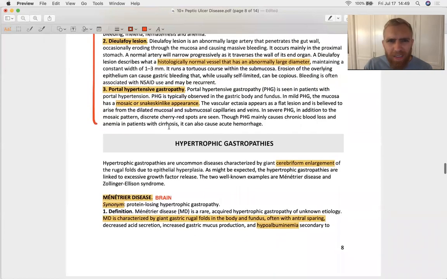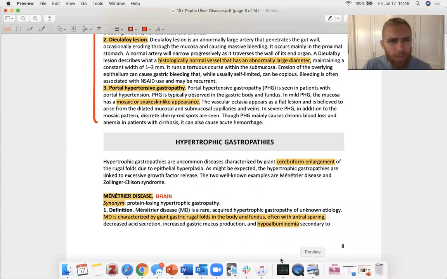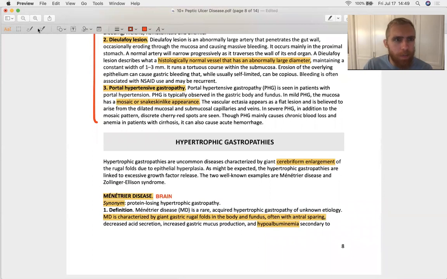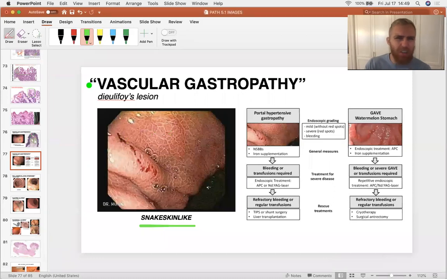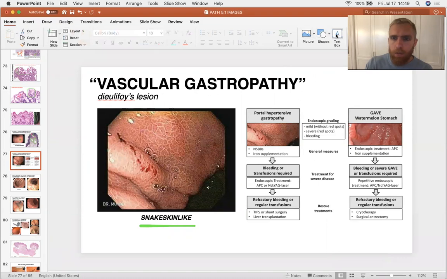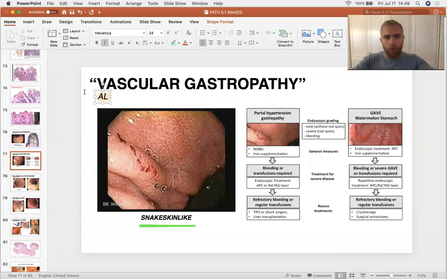Oh, I'm sorry. I think I must have messed up somehow, because portal hypertensive gastropathy is saying snakeskin-like appearance, so I must have labeled my slide wrong over here. Yeah, I sure did. That's okay, though, because now we know. And so this is not Dieulafoy's lesion. This is portal hypertensive gastropathy.